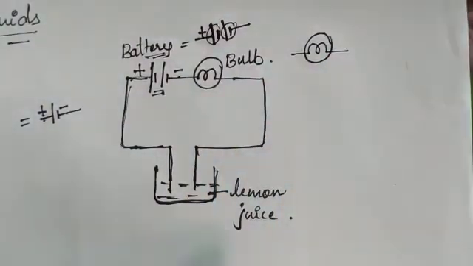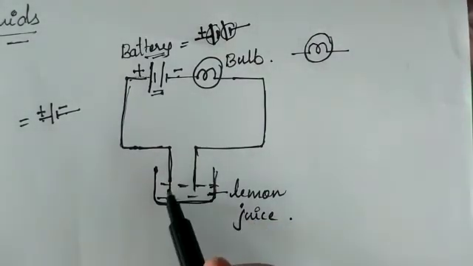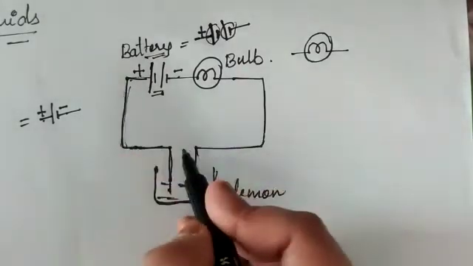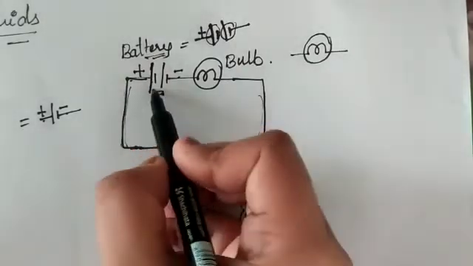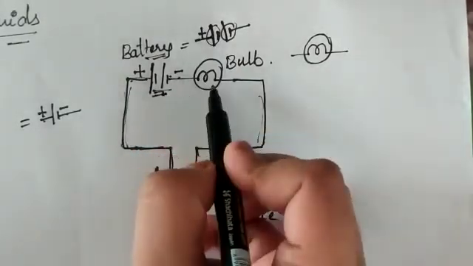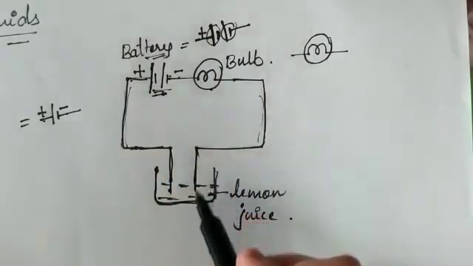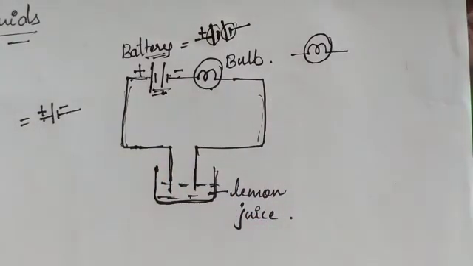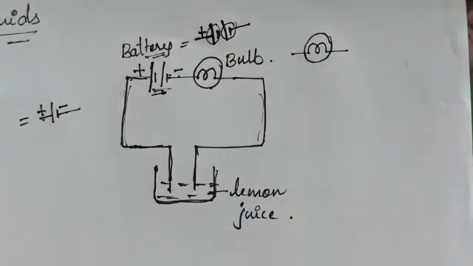So what do we have here? Lemon juice, a liquid, is immersed here, and the wire is connected to a battery, and the battery to a bulb, and again it is completed. So this shows a complete circle, a closed circuit. Now how are we going to say whether this lemon juice will conduct electricity or not?